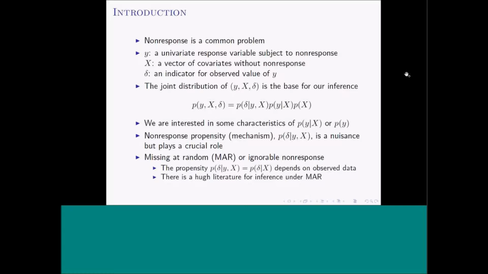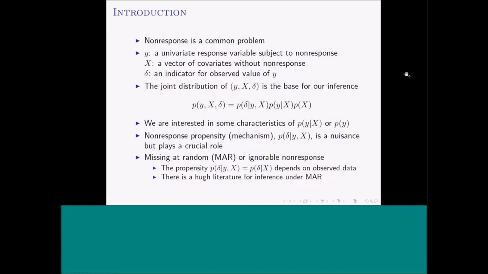So to start, let me just introduce the problem with the simplest case, where we only have one univariate response variable. The notation is y, and it is subject to non-response. And we have a covariate vector x without non-response. And then delta is just an indicator of whether or not the y value is observed.